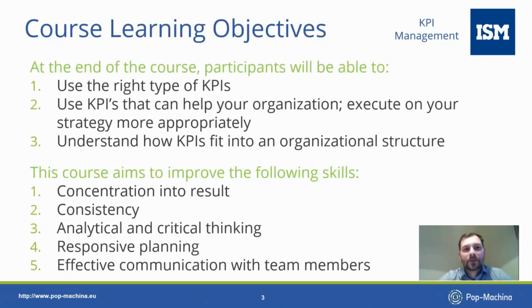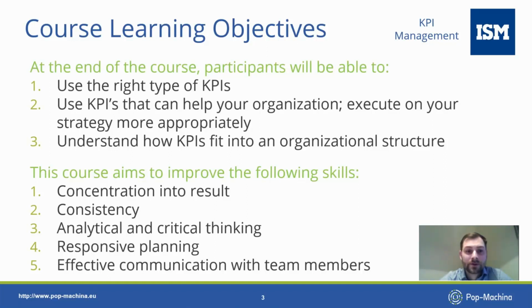So, course learning objectives. At the end of the course, I hope that you will be able to use the right type of KPIs, use KPIs that can help your organization or team or you as a person to execute on your strategy more appropriately. And of course, understand how KPIs fit into an organizational structure or your goals.